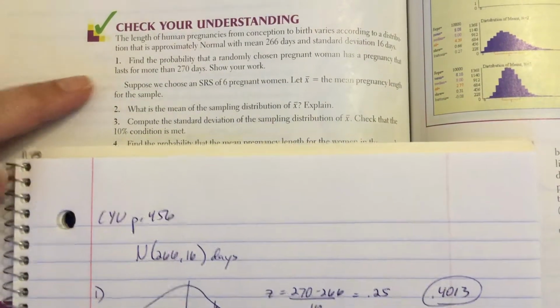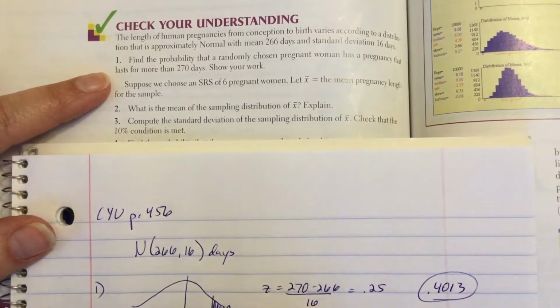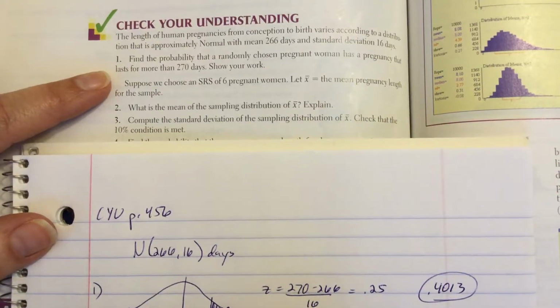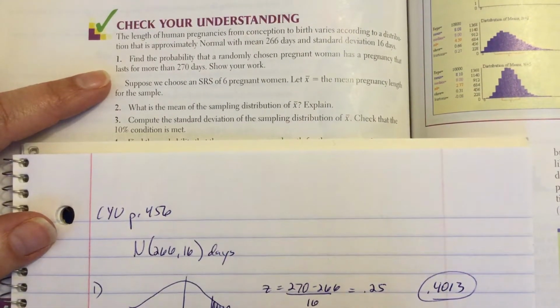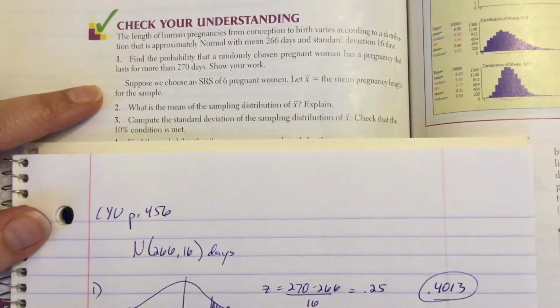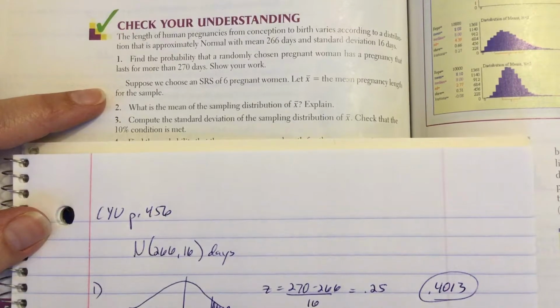Then it says, suppose we choose an SRS of 6 pregnant women. Let X be the mean pregnancy length for the sample. So basically, take all 6 women, how long were you pregnant, and average up their pregnancy length.